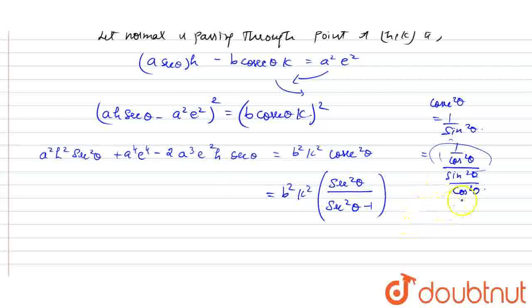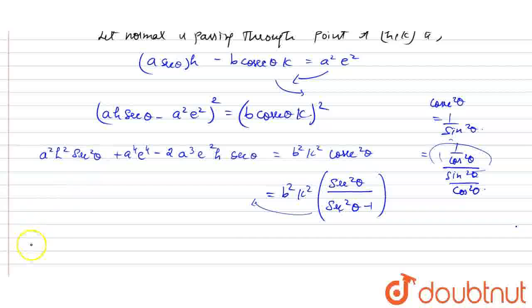Next, I'm going to take this denominator value to the left hand side. So it will become first this secant square theta minus 1, right? So two values here. So secant square theta into this value is secant power 4 theta.